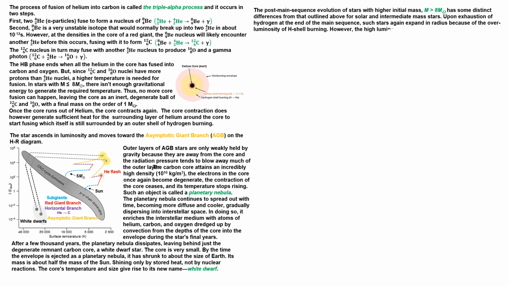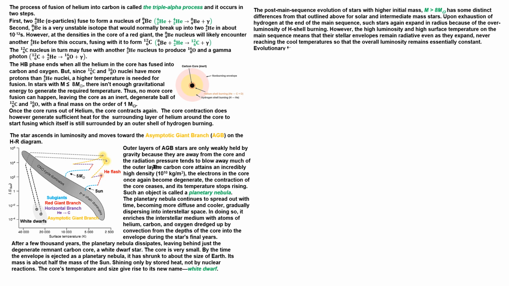However, the high luminosity and high surface temperature on the main sequence means that their stellar envelopes remain radiative even as they expand, never reaching the cool temperatures, so that the overall luminosity remains essentially constant. Evolutionary tracks for these massive stars thus move horizontally across the supergiant region of the HR diagram.